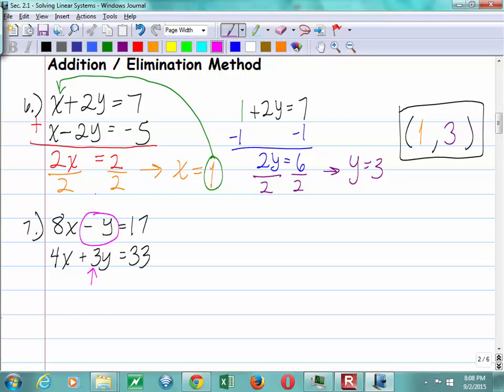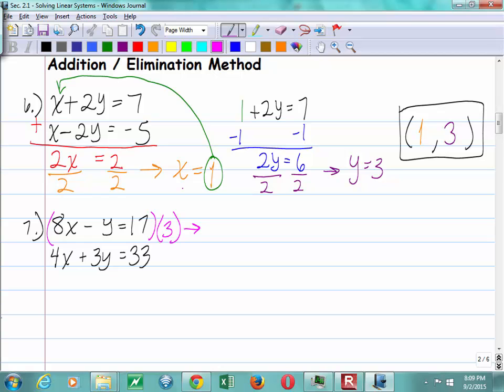Okay, well, what would I have to multiply here with the first equation to make that a -3y, so it would cancel out with the +3y? Well, if I just multiply the first equation by +3, I'll end up with a -3y to cancel out with this +3y. Okay, so that's what I'm going to do. I'm going to multiply the first equation by 3.